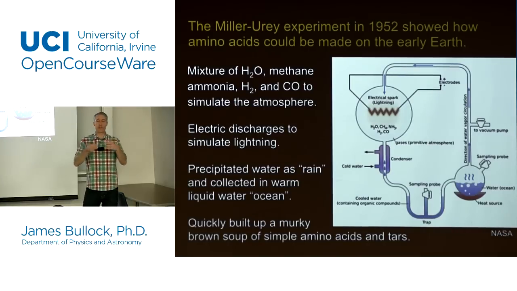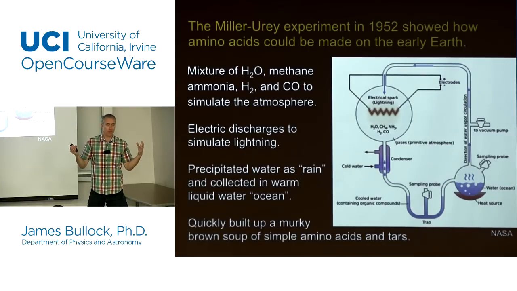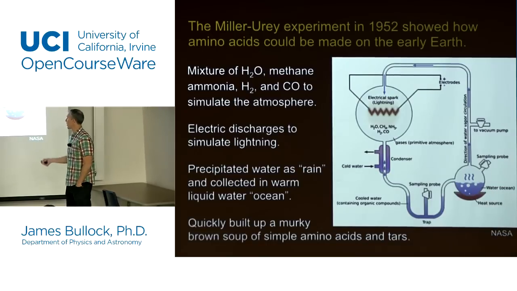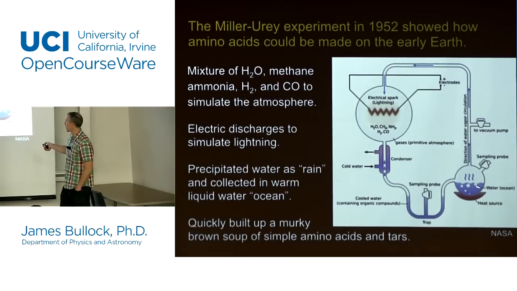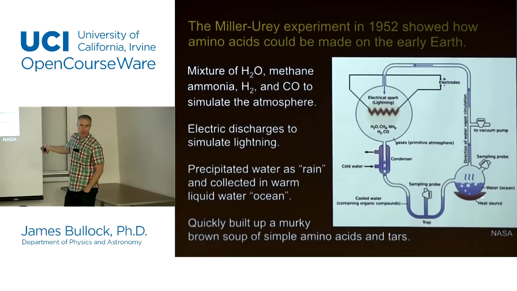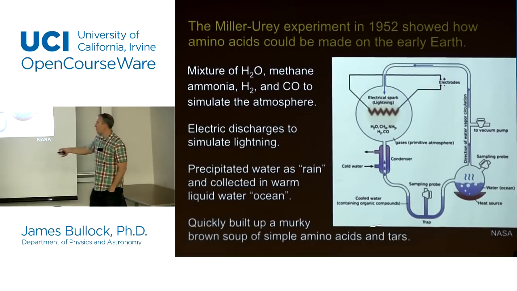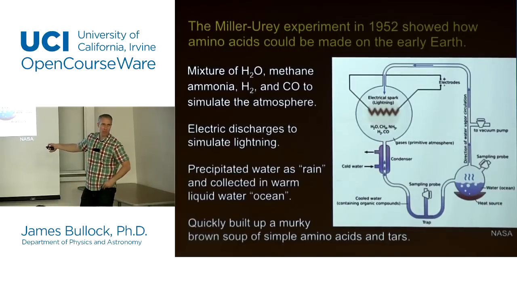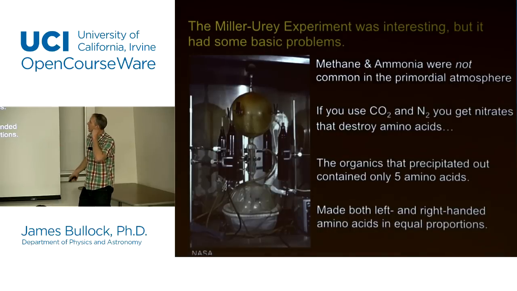You take this stuff that just forms naturally, you put it together, you add an electric shock to it, and out precipitates these complex amino acids, okay? So they found that in this murky ocean water that they created, there is a soup of amino acids lurking in there, which are the fundamental ingredients for life.